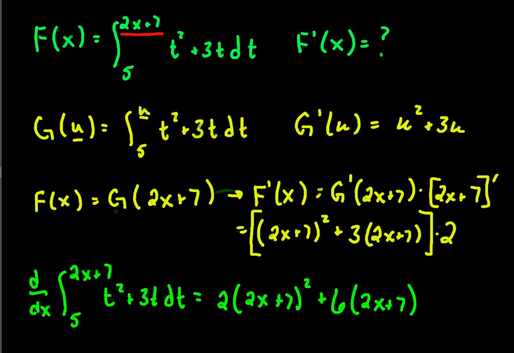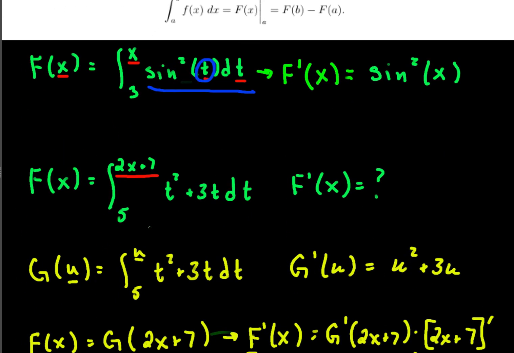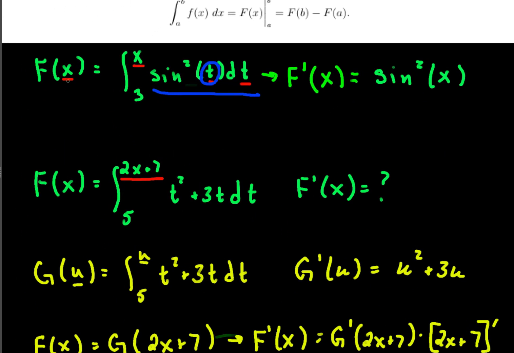So sometimes the fundamental theorem is not as straightforward as it is in the first example. If I just have the variable here and they're matching, then the derivative of big F is simply the integrand where I take t and replace it with x.